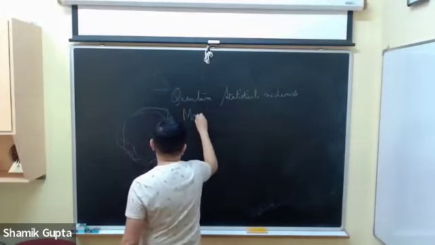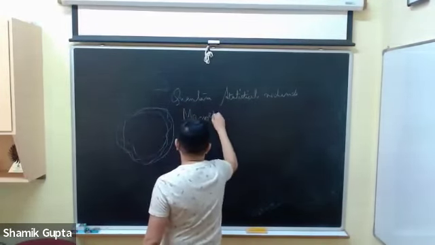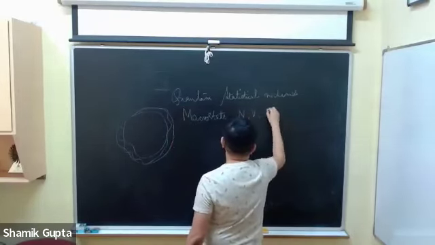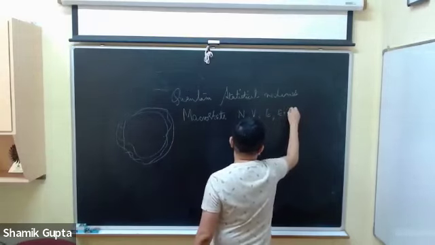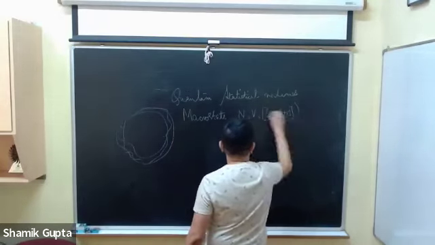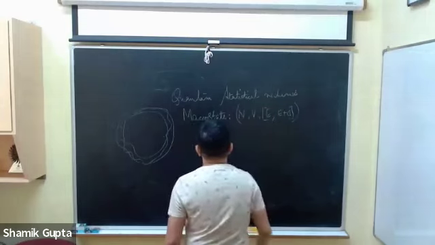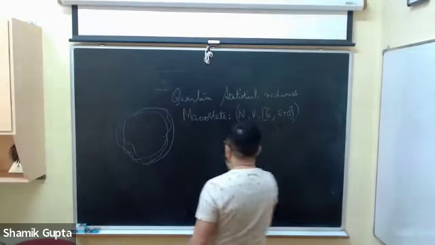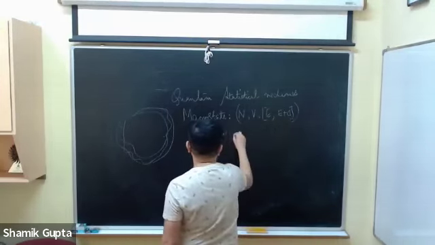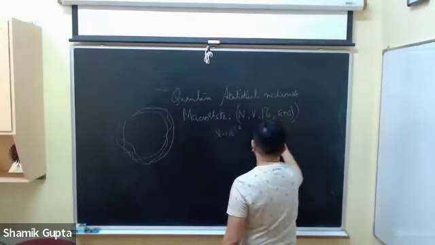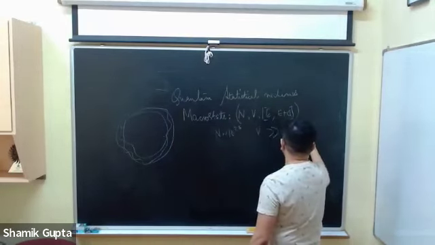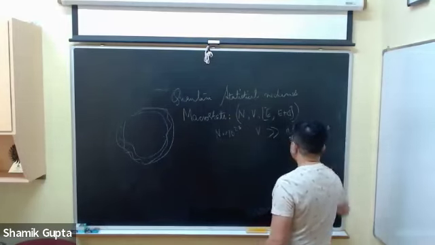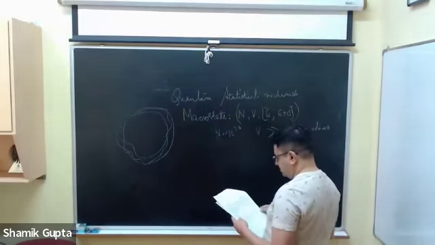The macrostate is, as in the classical setting, N, V, E to E plus delta. Again, N is of the order 10 to the 23, V is very much larger than the atomic volume. Everything remains the same. No change in these quantities.